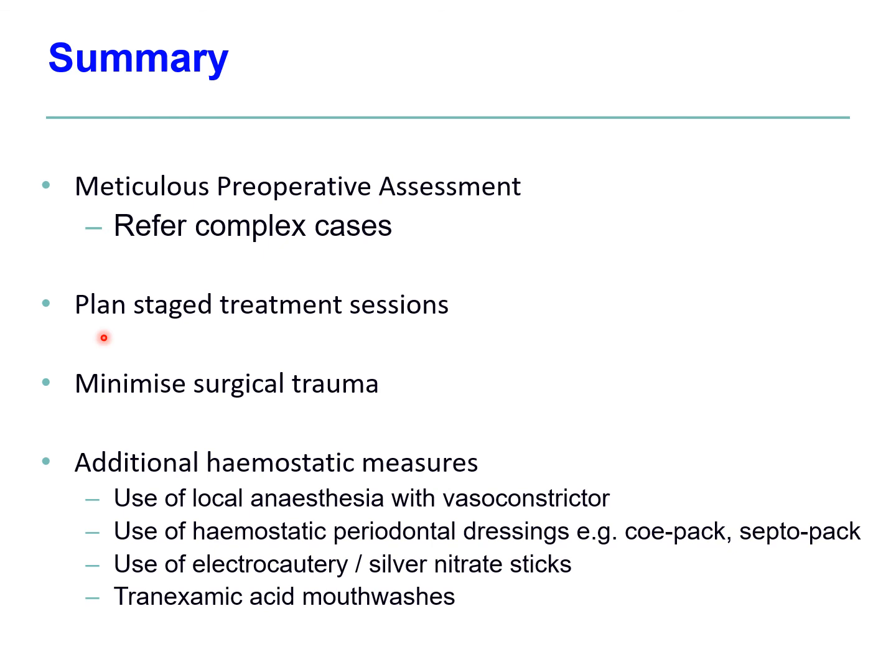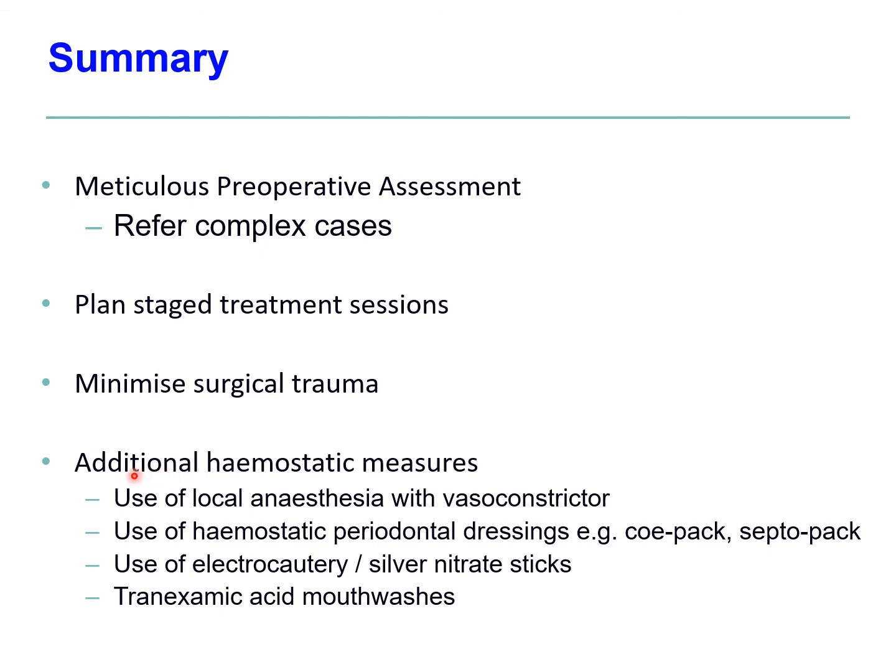Similarly, if you are going to do a full mouth scale and polish, it might be best to work on a few teeth in one quadrant, achieve hemostasis, ensure that the bleeding is manageable with the precautions you've taken before you move on to the next quadrant. So that is always good, and you would do everything to minimize surgical trauma. You would do that for every patient anyway. However, you need to be extra careful when treating patients with increased risk of bleeding.